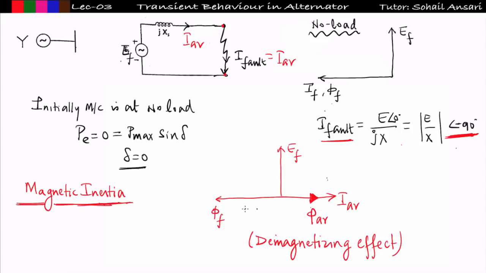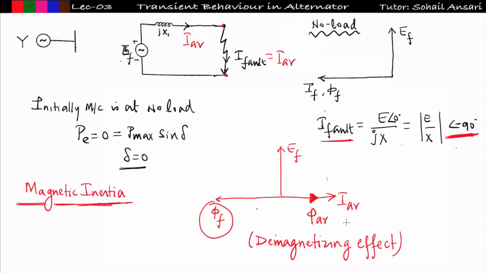Because of this property, some extra flux is generated to overcome this demagnetizing effect. So to overcome this demagnetization, or to maintain the field flux constant, opposite flux is generated in the damper winding and field winding, which tries to maintain the field flux constant.